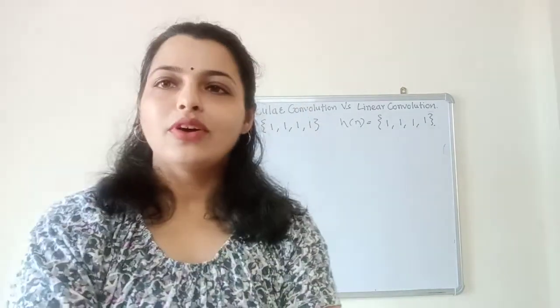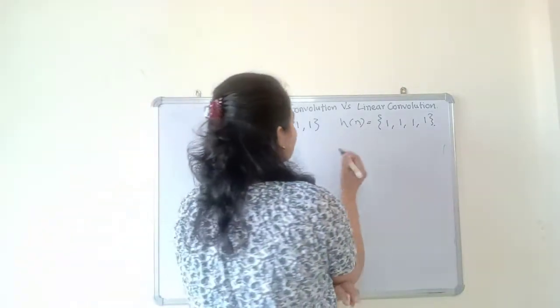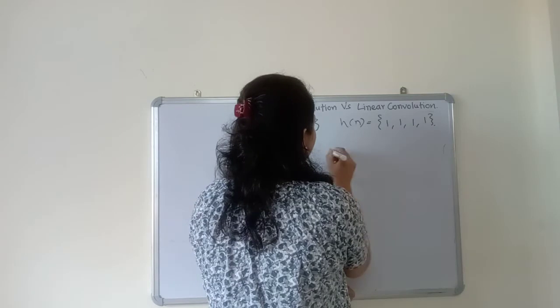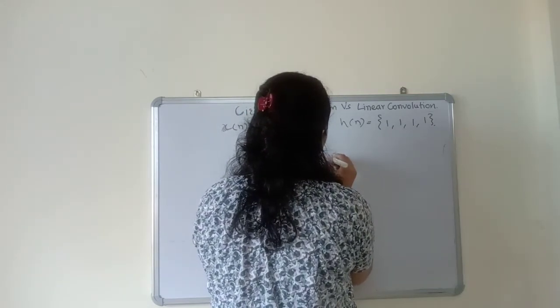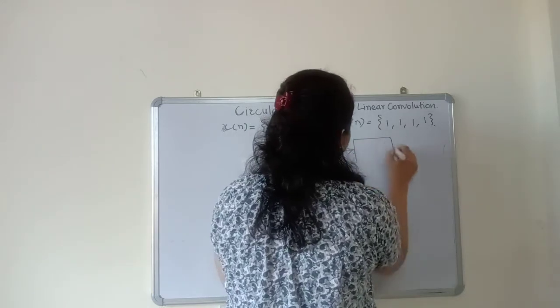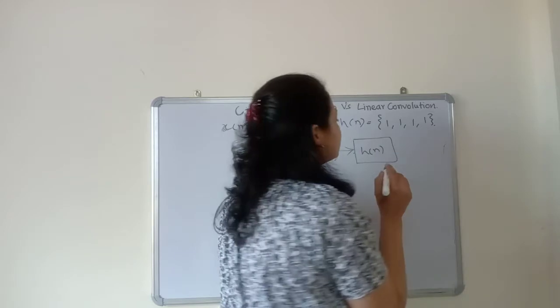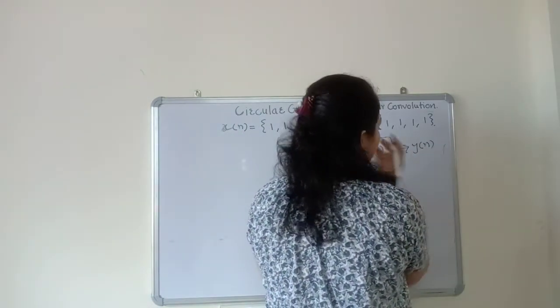Okay. So what we refer to as linear convolution is if there is a system which has an input x1 of n, its impulse response is given by h of n and output is called y of n.